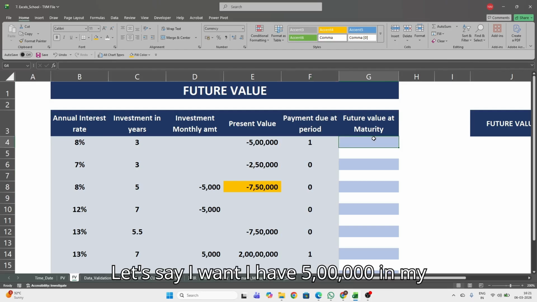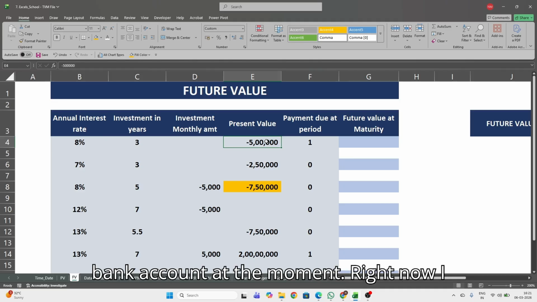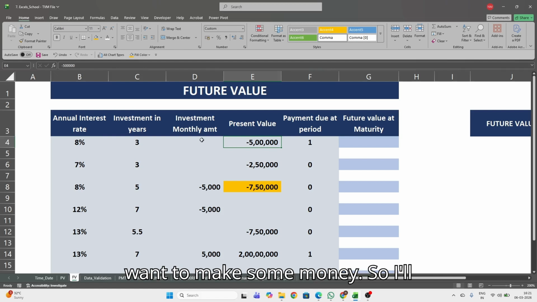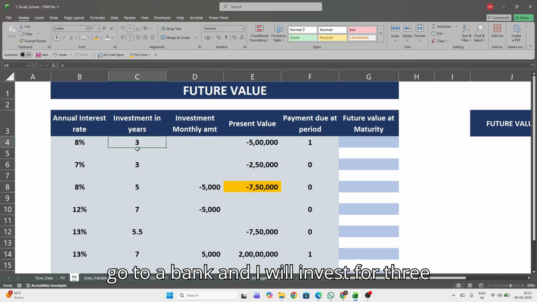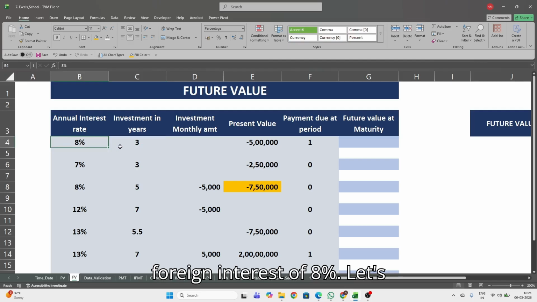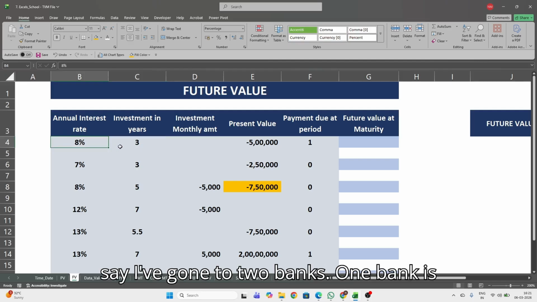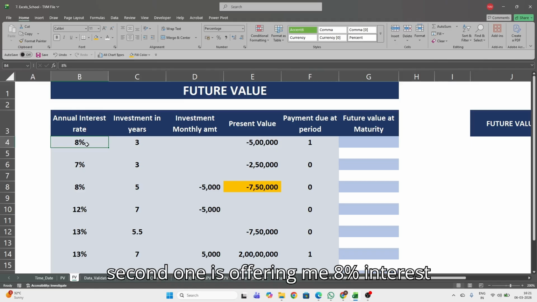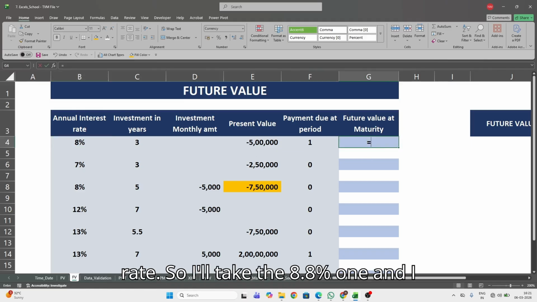Let's say I have 5 lakhs in my bank account at the moment and I want to make some money. So I'll go to a bank and invest for 3 years. Let's say I have gone to two banks. One bank is offering me 6% interest rate and the second one is offering me 8% interest rate. So I'll take the 8% one and I'll apply the formula.